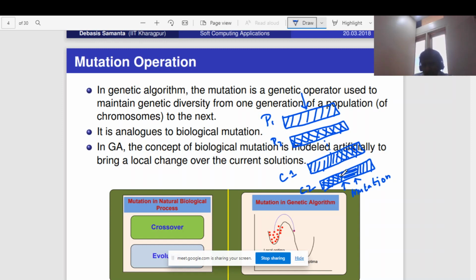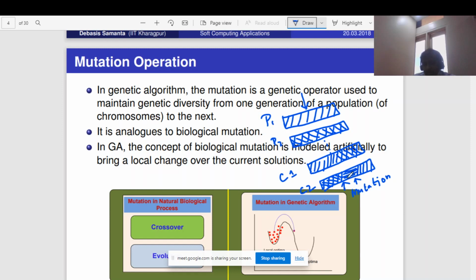Generally it is expected that the chromosome should come as it is from the parent to the child, but it doesn't happen that way. At least some part of the chromosome of the offspring or the child will be different, and those parts are called mutated. So this is what is called mutation.